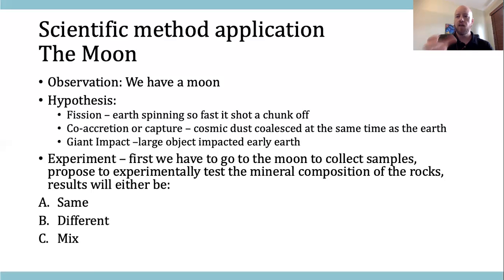Like if I have a cup of water and I'm spinning my water, droplets of water are going to come out. The water outside the cup is the same as the water inside the cup. Or it would be totally alien. We analyze the mineral content of meteorites, and we see that they are totally different than the mineral content of the Earth. Or there's going to be some mixture.